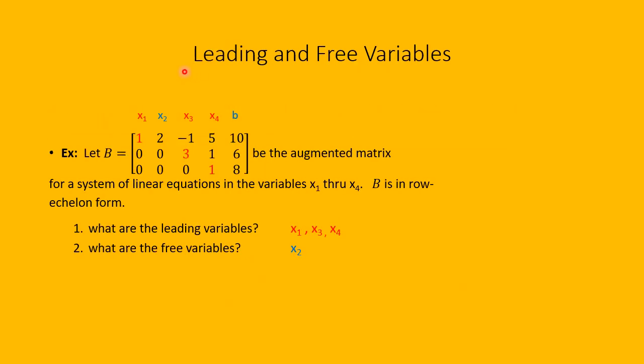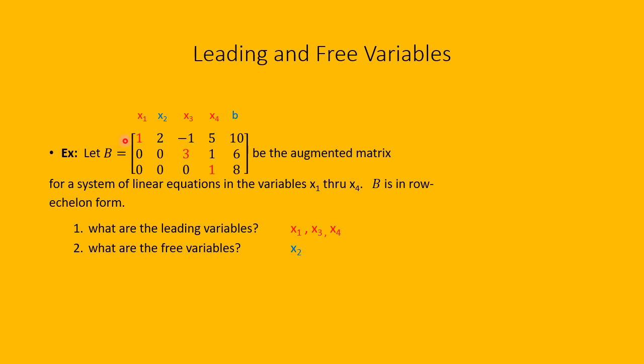So let's look at an example concerning leading variables and free variables. Suppose we have matrix B, which is an augmented matrix for a system of equations, and it's in row echelon form.